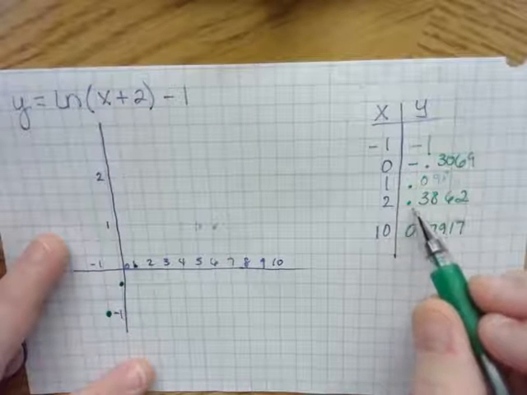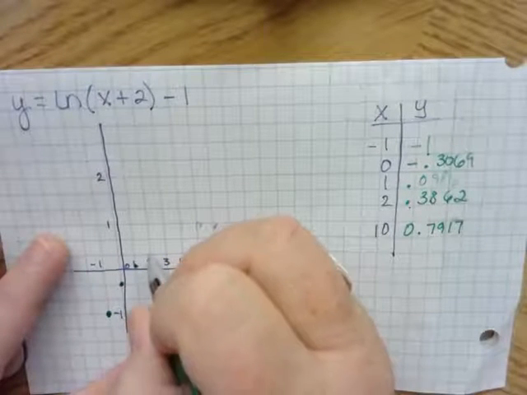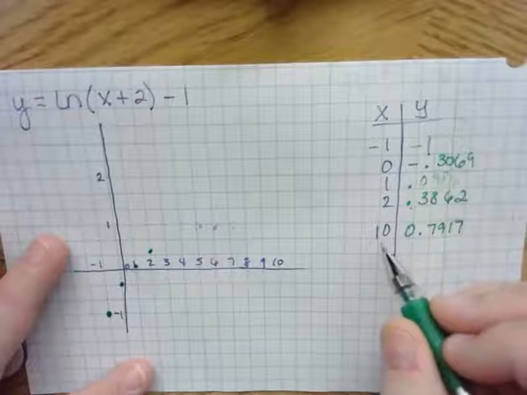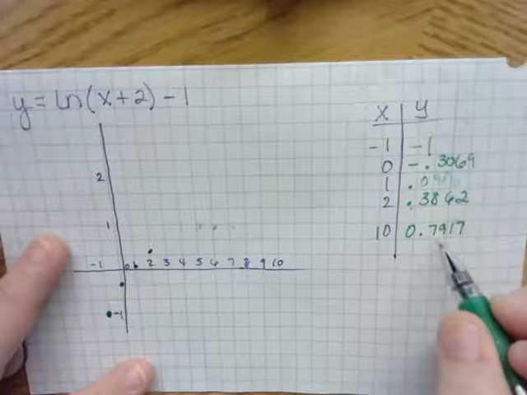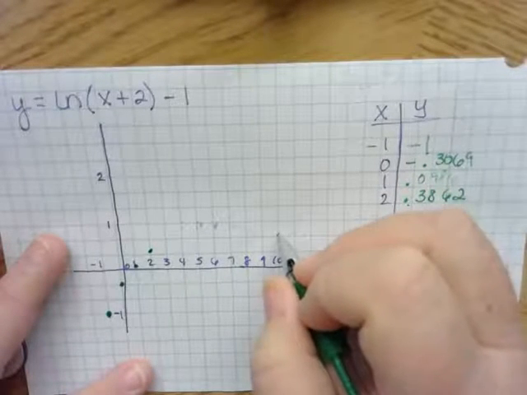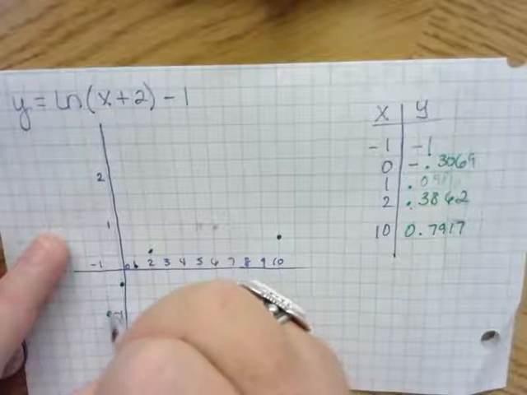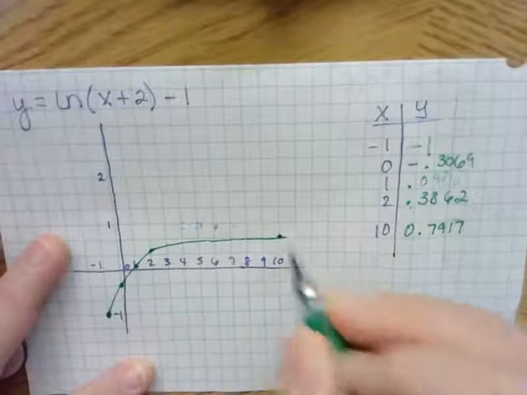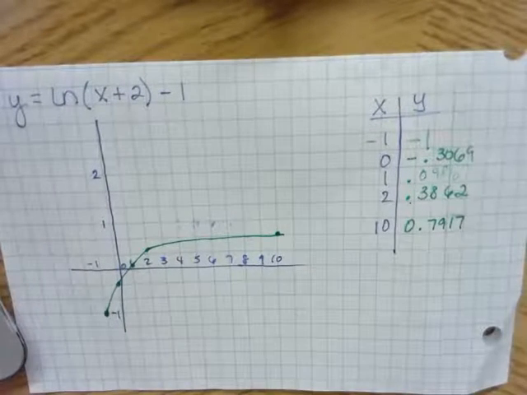When x is 2, we have 0.38, about here. And when x is 10, I have 0.79, so that's probably about here. Once again, we notice that this curve increases very, very slowly.